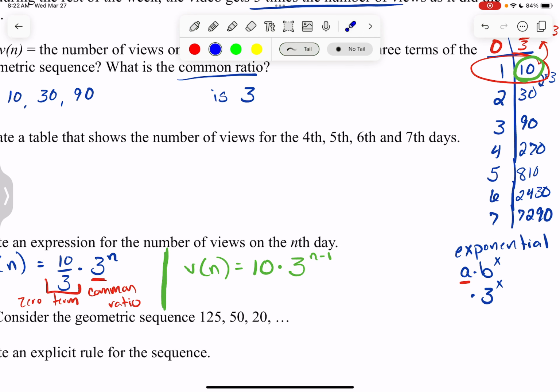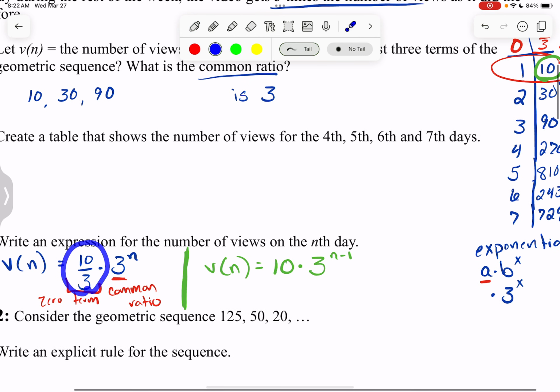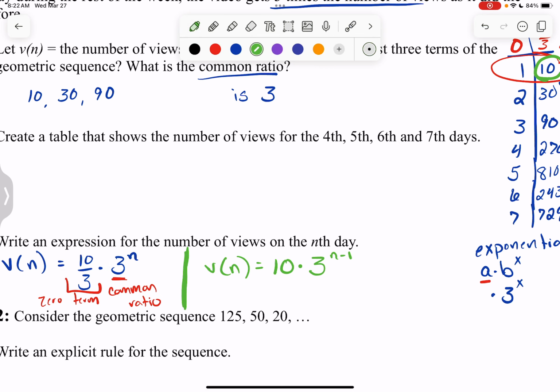So what's different here is instead of using the 0 term here we use the 1st term. So this guy right here is the 1st term. And then we do the previous term in the exponent. 3 to the n minus 1.